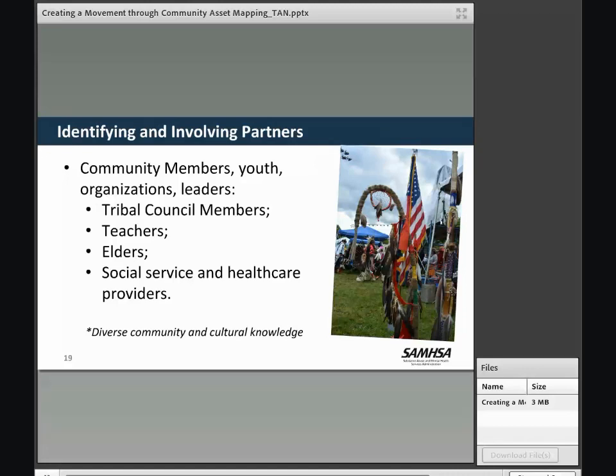So it's also just your tribal governments have their own sovereignty and interest in their community. That's their job, is to work for you. So you really want to have their support from them.